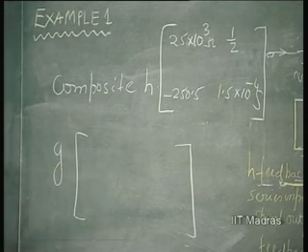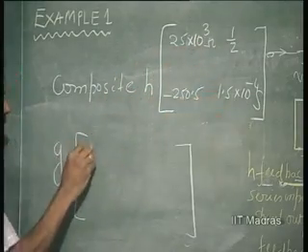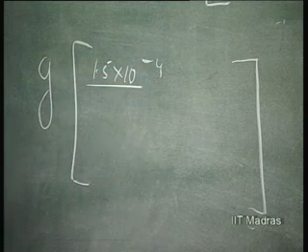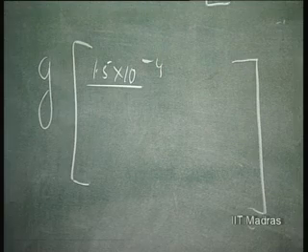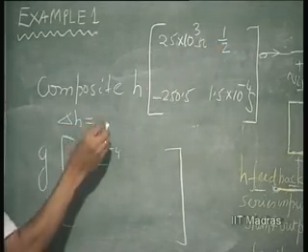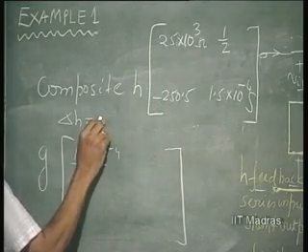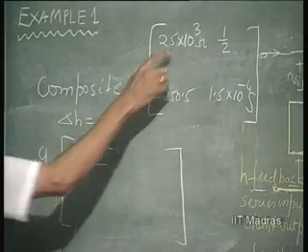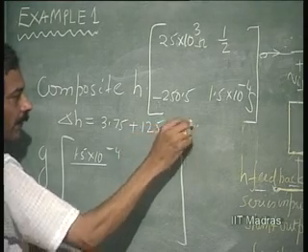The GI is nothing but 1.5 into 10 to the power minus 4 divided by delta H. Delta H is nothing but this into this minus this into this, that is going to be 3.75, isn't it? This is 3.75 plus 125.25.